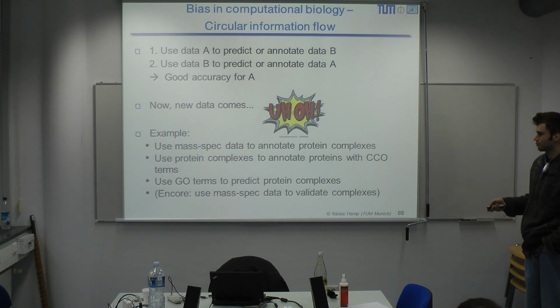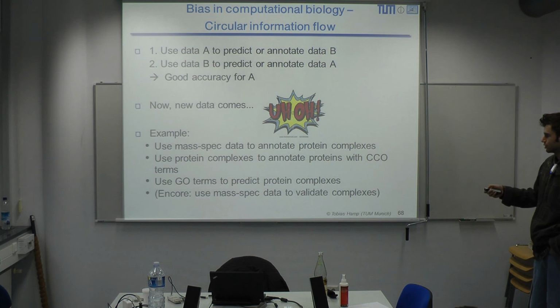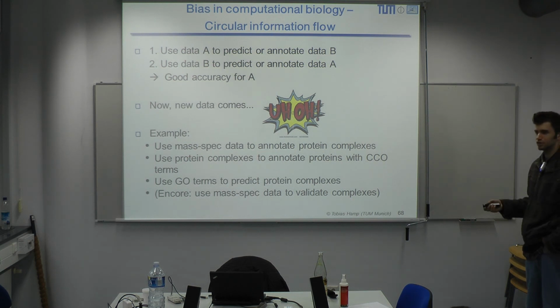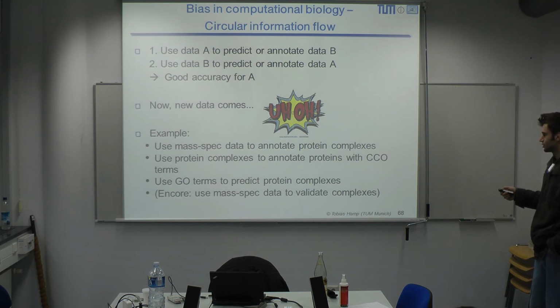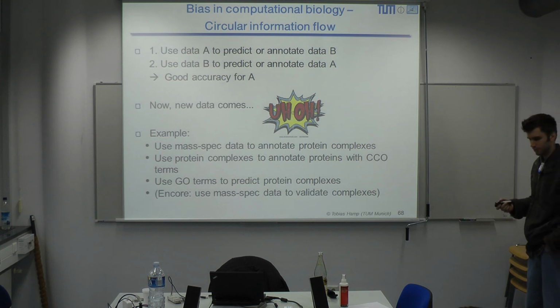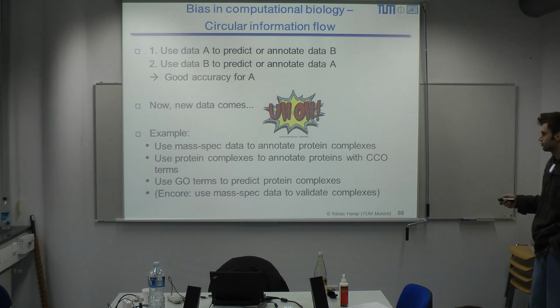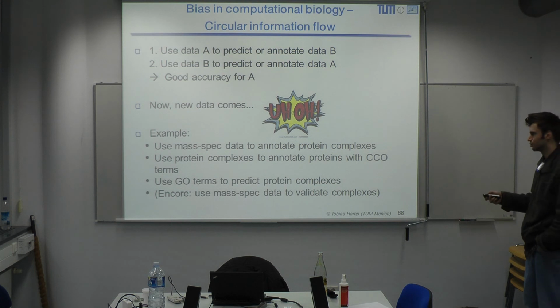One curious example for this is if you use mass spectrometry data to annotate protein complexes. Then the Gene Ontology, for example, looks at the literature published about protein complexes and uses it to annotate proteins with CCO terms, with cellular component ontology terms. Then some bioinformatician comes along and thinks it might be a good idea to use GO terms to predict protein complexes.